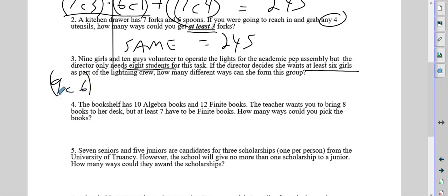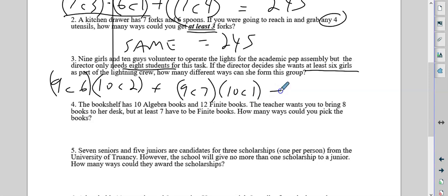Well, if there's 6 girls, and she wants 8 people, that means 10C2. Or she could have 7 girls, which would leave 1 boy. Or it could be all 8 girls.